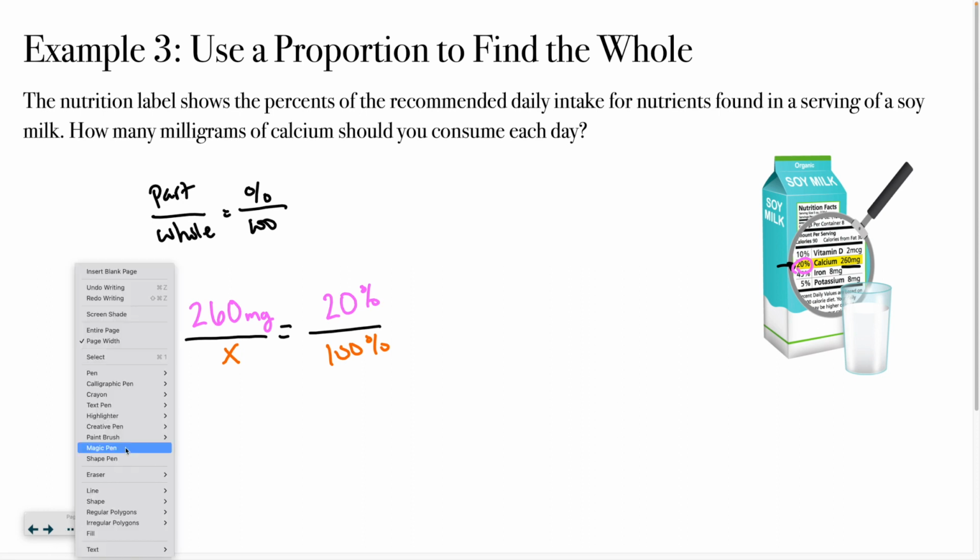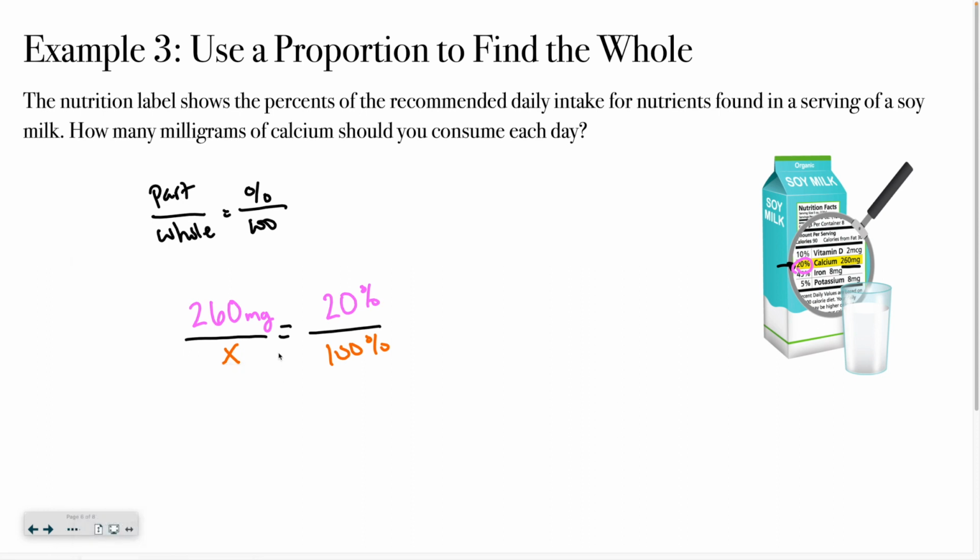So I am going to do the same thing that we've been doing, cross multiply and divide. I'm going to say 260 times 100, and divide by 20.